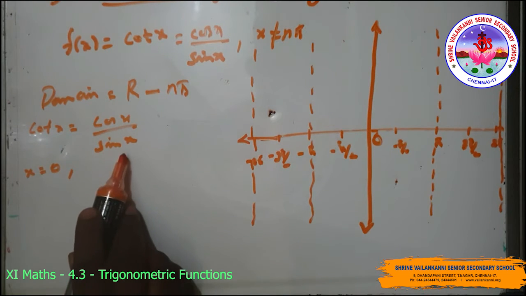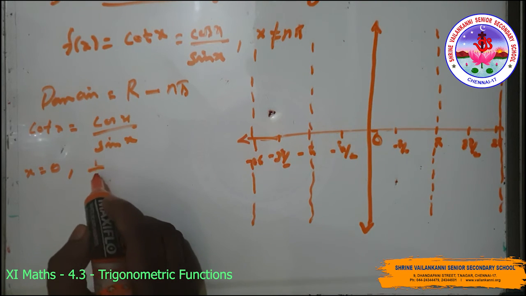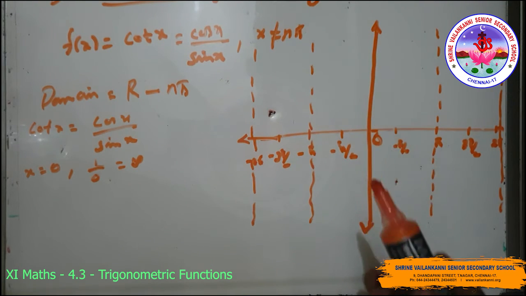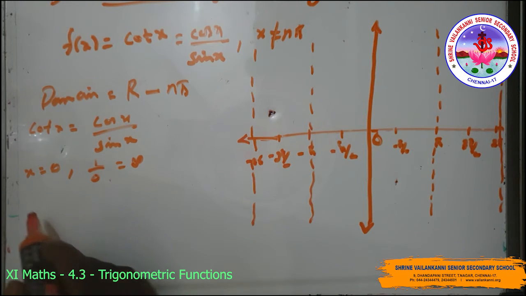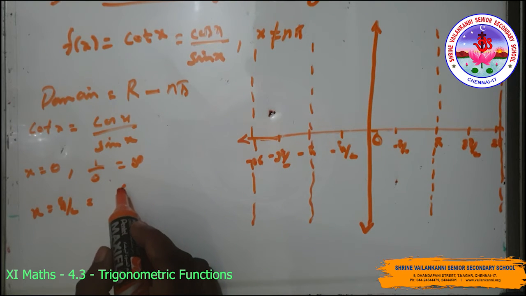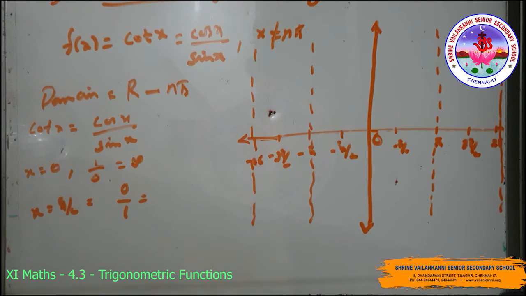So cot x is cos x by sin x. When x is 0, then cos 0 by sin 0 is 1 by 0, which is infinity. When x is pi by 2, cos pi by 2 by sin pi by 2 is 0 by 1, so it is 0. When x is pi, it is cos pi by sin pi. Cos pi is 1 and sin pi is 0, so it is infinity.